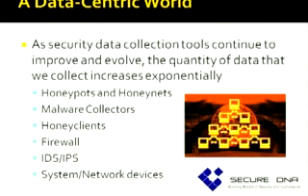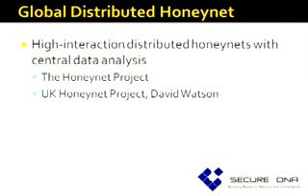There are so many data collection tools out there, like honeypots, honeynets, malware collectors, which I think a lot of talks here at BlackHat have covered, honey clients, and the more traditional ones like firewall logs, IDS, IPS logs, and other system and network devices. Here's a sample.